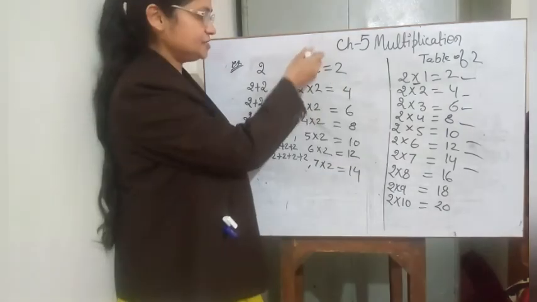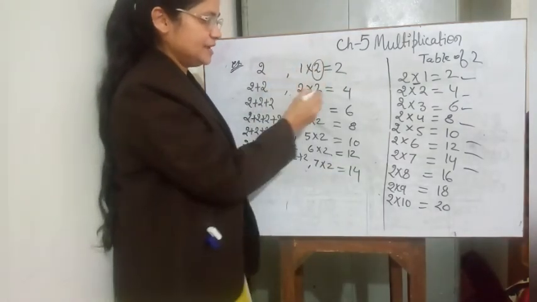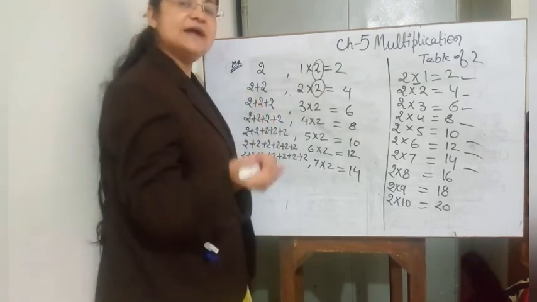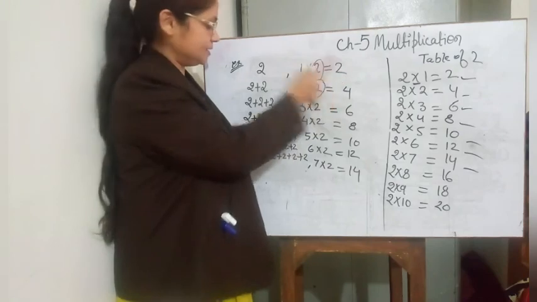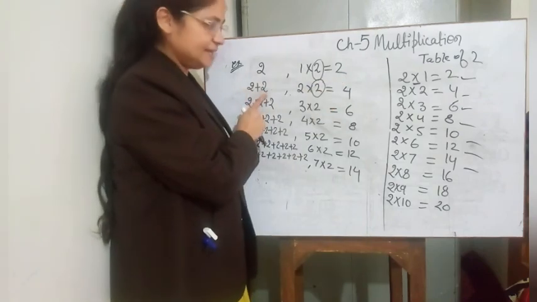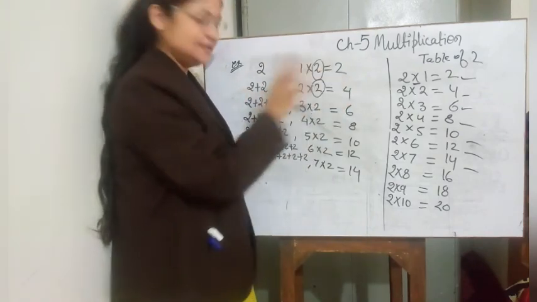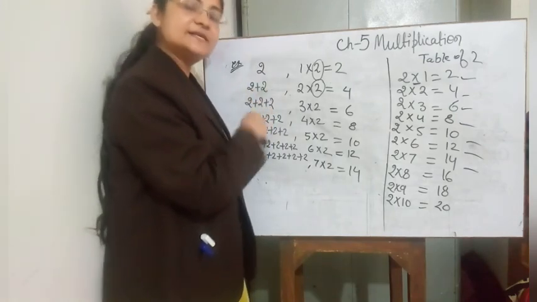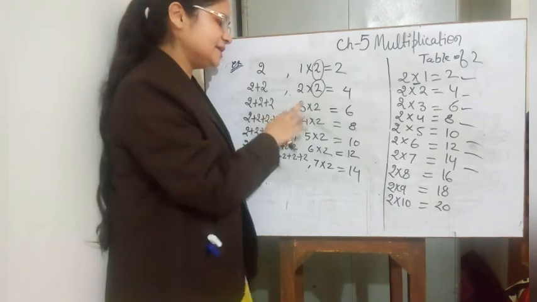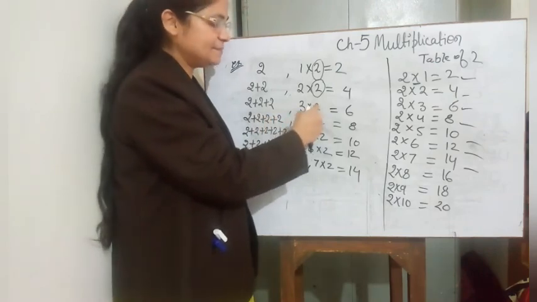If in place of 2 I am taking 3, okay, here 3, so 3 will be here. Here 3 plus 3, so 6 will be here. Then 3 plus 3 plus 3, so 3 plus 3 is 6, plus 3 is 9, will be here. And here you will get 3 multiplied by 3.